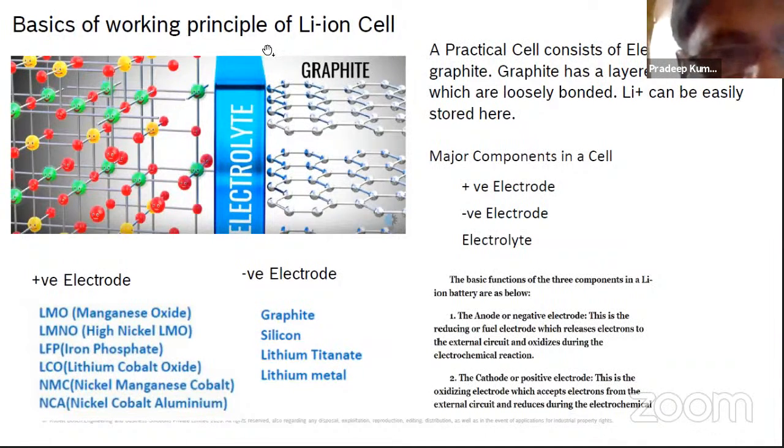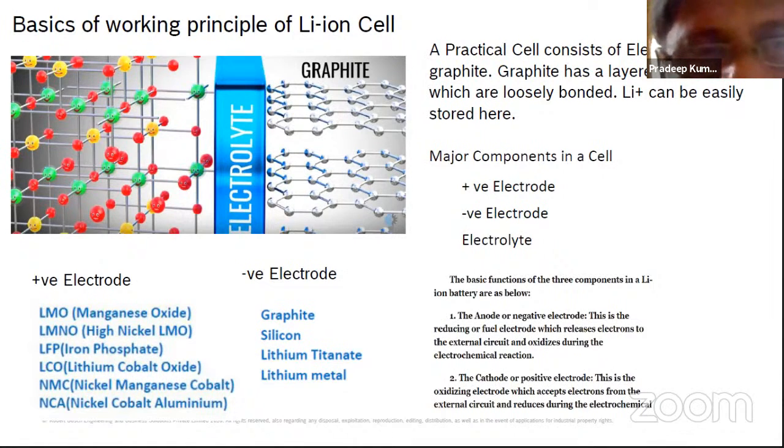Then the lithium ion stored in the graphite will move in the opposite direction through the electrolyte and reach here, and electrons go in the reverse direction, because the electron is supplied by the charging system. So during charging and discharging, lithium goes from one direction to the other, and electrons move in the opposite direction. This is what is happening.